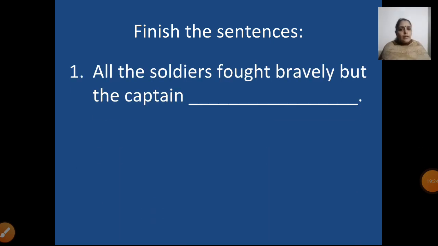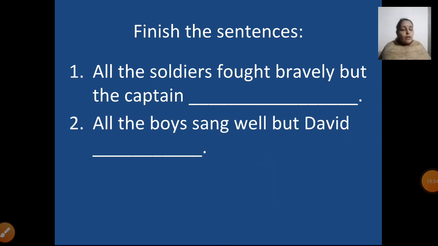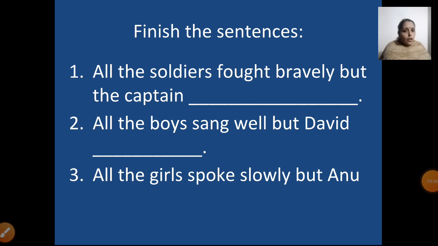Now, next exercise. All the soldiers fought bravely, but the captain dash. First, look at the sentence, hear it out and understand. All the boys sang well, but David dash. All the girls spoke slowly, but Anu dash.